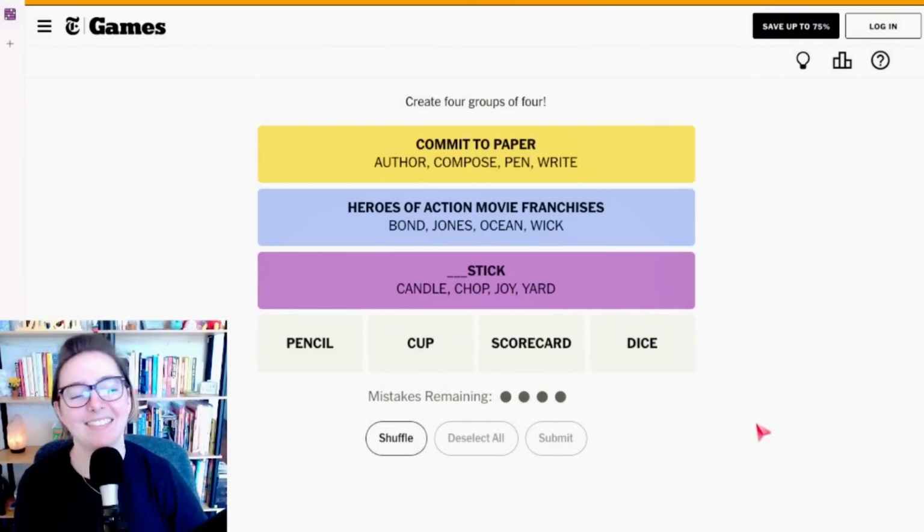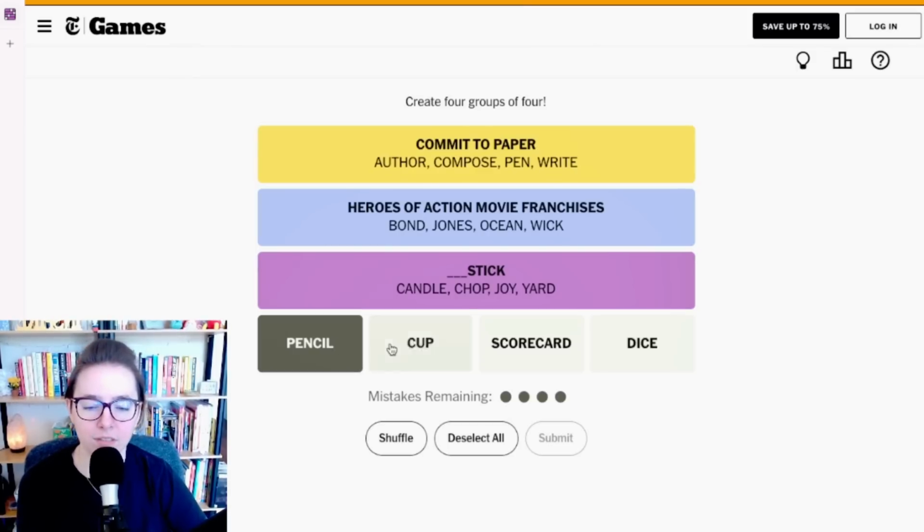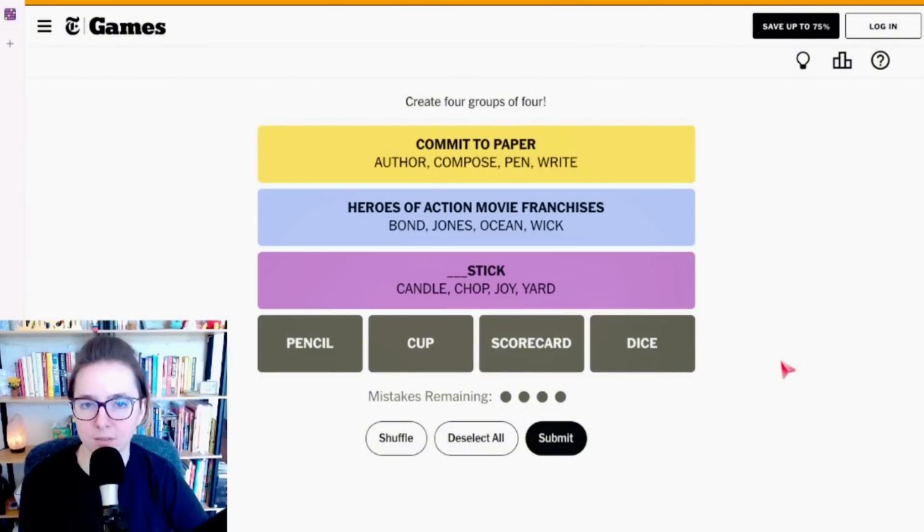All right. Now, I try to guess the category of this final one. I know these words create a category, but I don't know which category. So I'm going to try to guess. Pencil, cup, scorecard, dice. Oh, actually, I think I know what this is. These are all things you can use for a game, specifically Yahtzee.